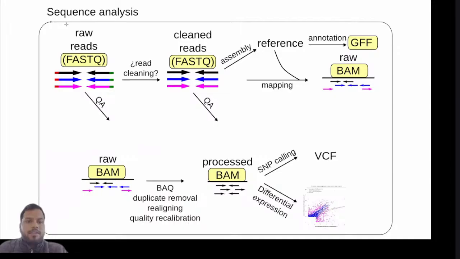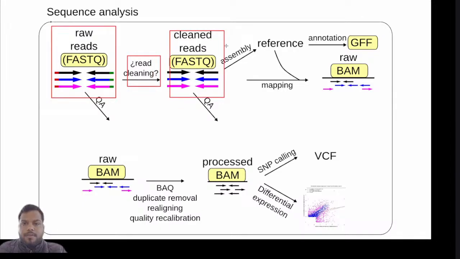So in sequence analysis, we generally get a FASTQ file. Then we do read cleaning. The clean reads are in the form of FASTQ. Then we do the assembly with the reference or de novo. Then annotation, GFF, or we can directly map and get a BAM file. So what happens to this raw BAM file?